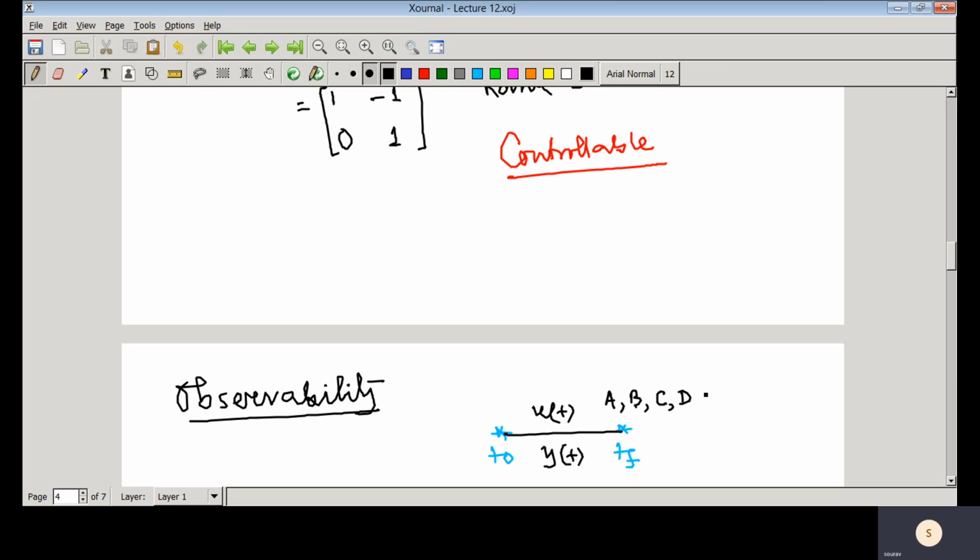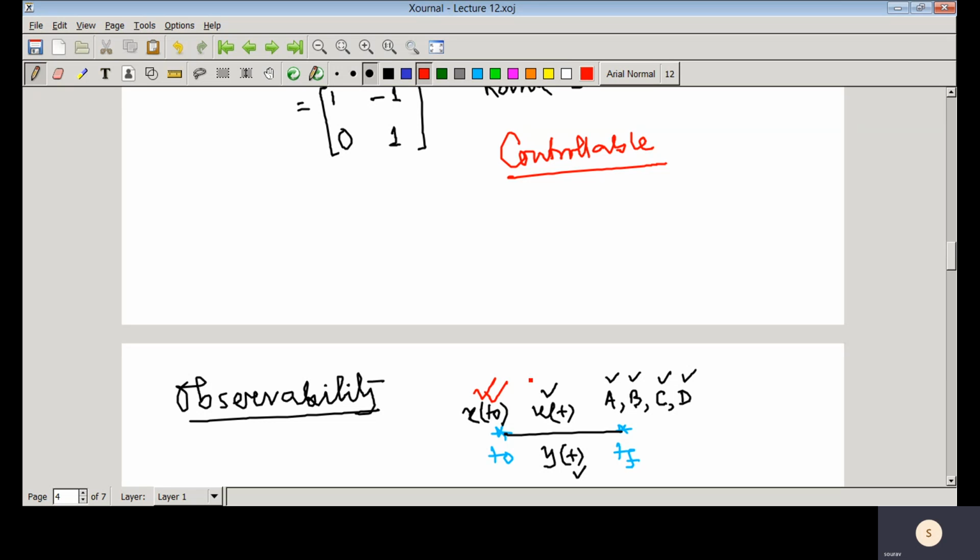That means if we know the state space matrices of the system, that is A, B, C, D, along with u(t) and the output, then if we can calculate the value of the state at t0, then the system is said to be observable.